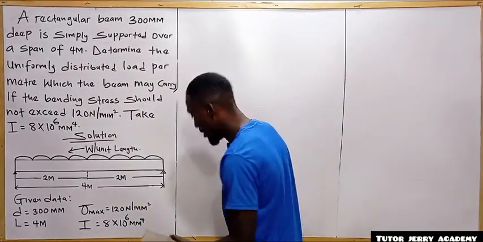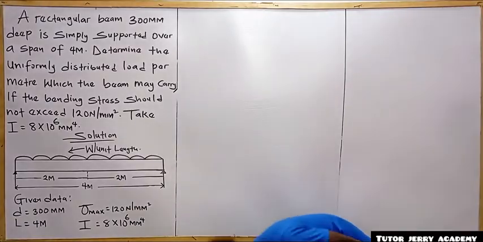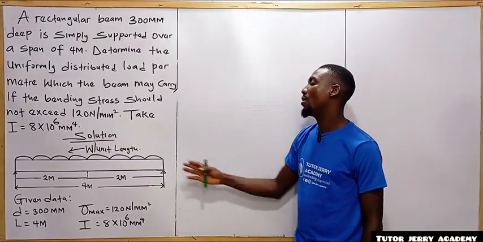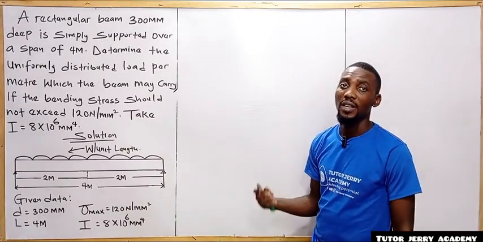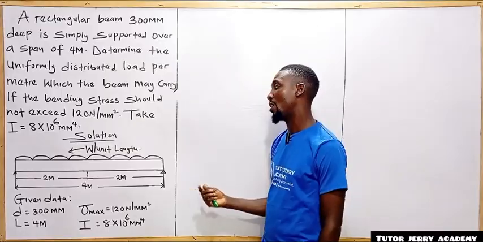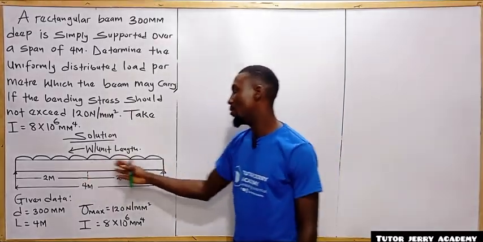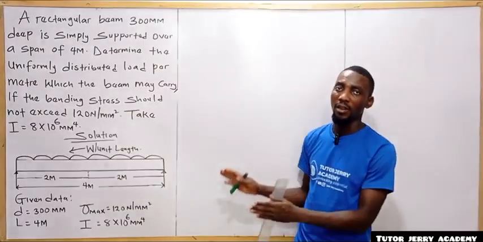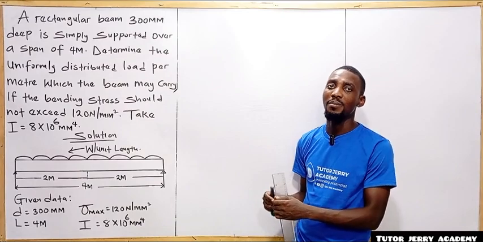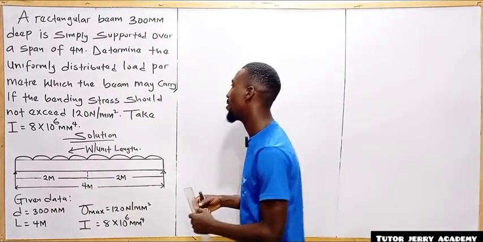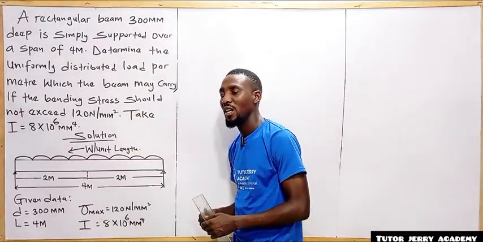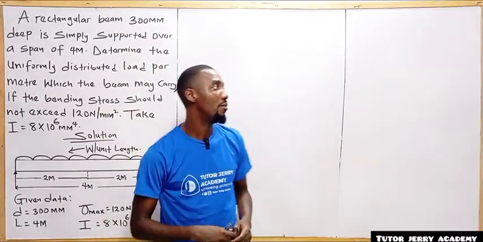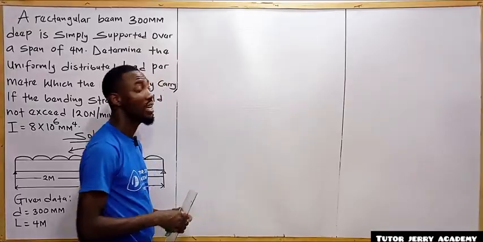So the first thing we are going to do here is recall carefully that, under the application of the flexure formula, if we have a simply supported beam that carries a uniform distributed load, and we want to calculate the maximum bending moment, the formula for that is WL square divided by 8.